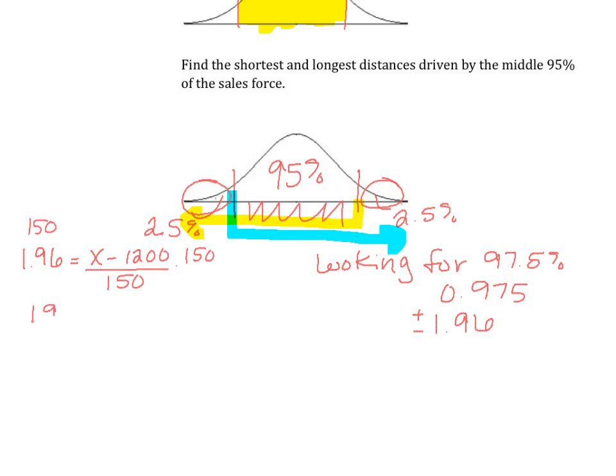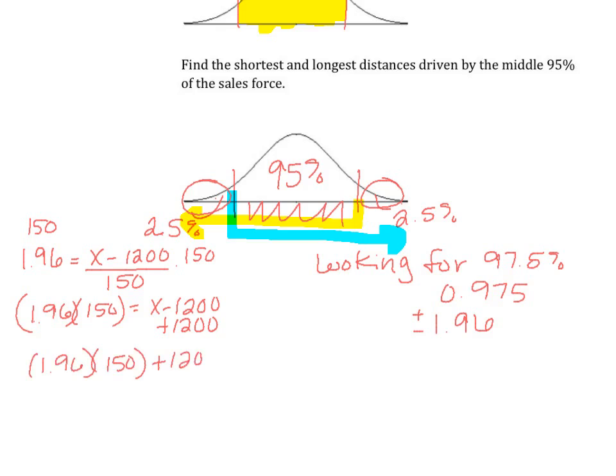So 1.96 times 150 equals x minus 1200. Add 1200. So 1.96 times 150 plus 1200. If we multiply and then add, we get 1494. So the highest amount, the longest distance, is 1494.